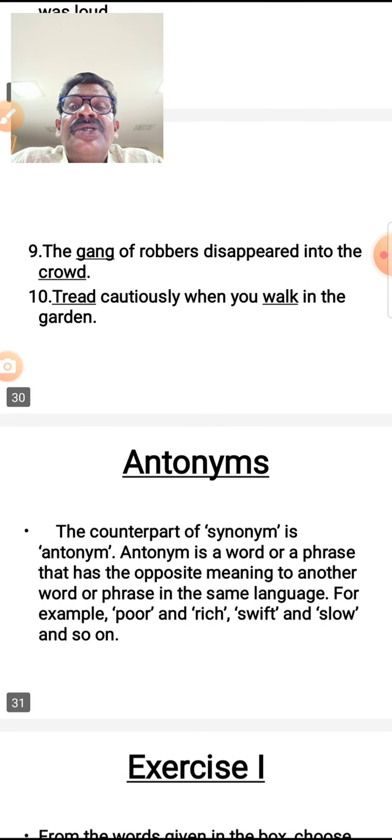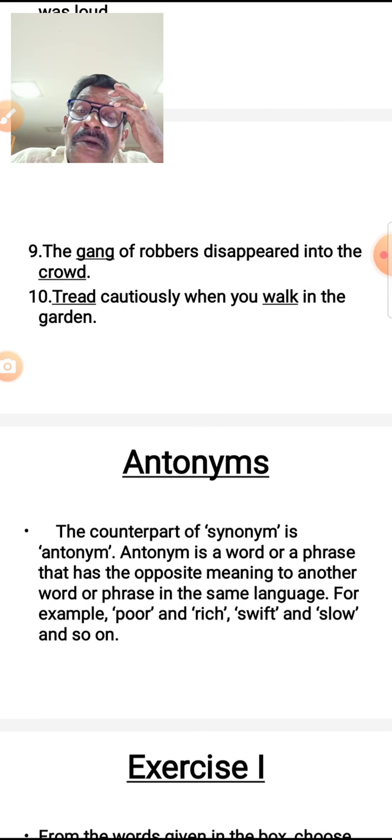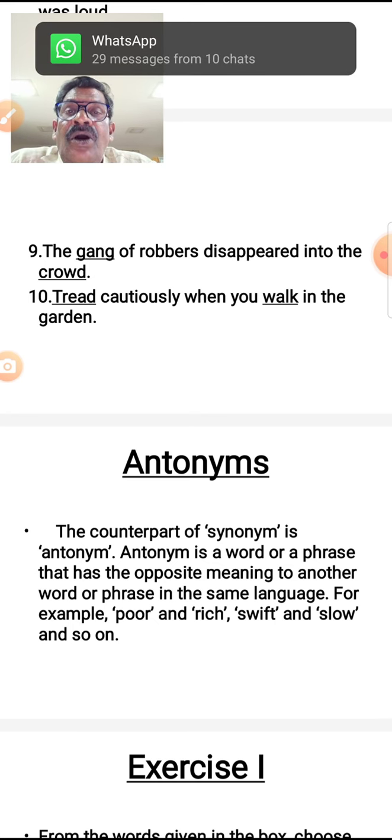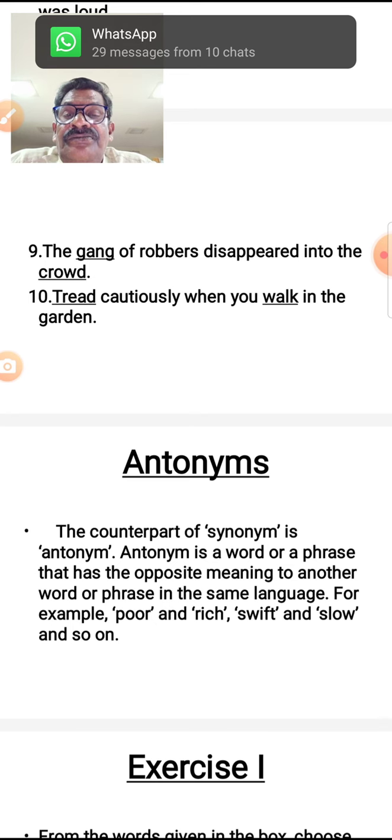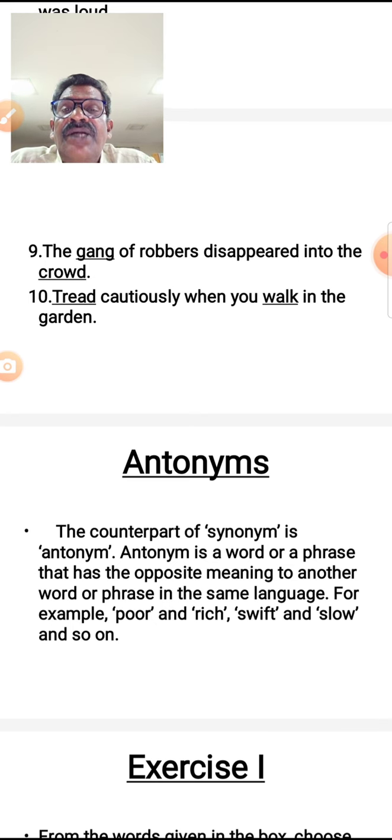So synonyms and antonyms. Right, now let us come to the antonyms chapter. The counterpart of a synonym is antonym. Counterpart means opposite. Opposite to synonym is nothing but an antonym. An antonym is a word or phrase that has the opposite meaning to another word or phrase in the same language.